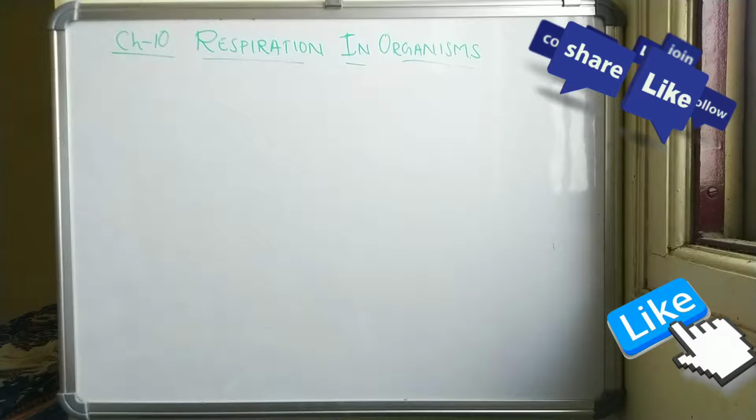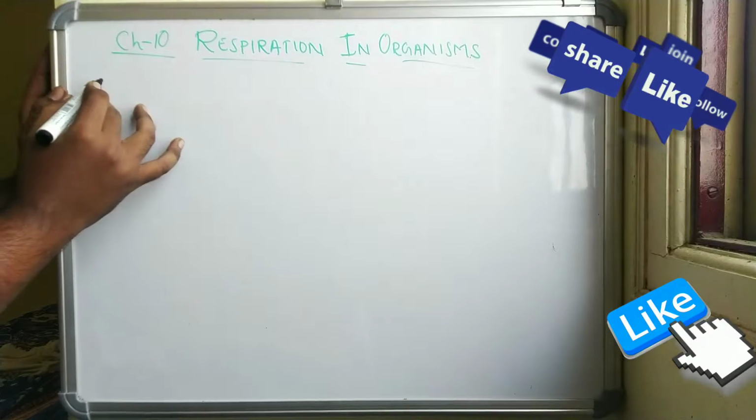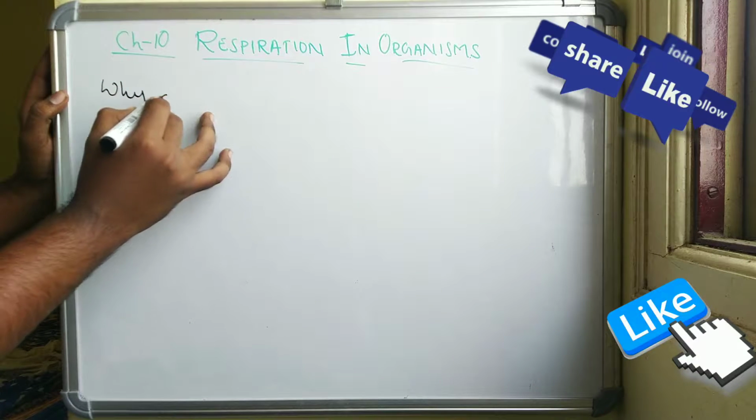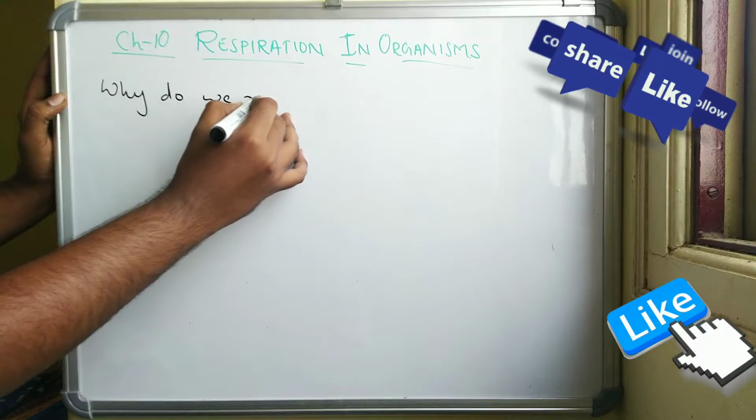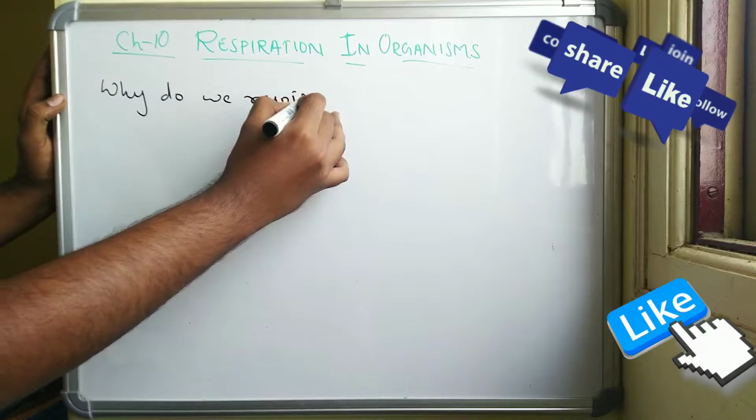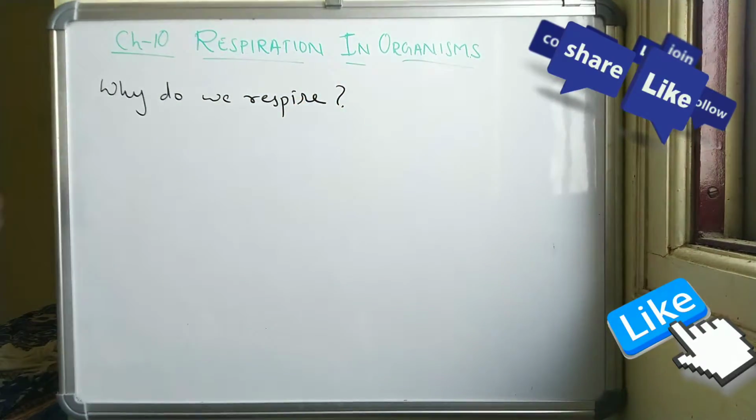In this video we'll be discussing chapter 10, Respiration in Organisms, class 7th science. In this section we'll be answering two important questions based on this chapter. First, why do we respire, or why do we breathe? What is the purpose of breathing?